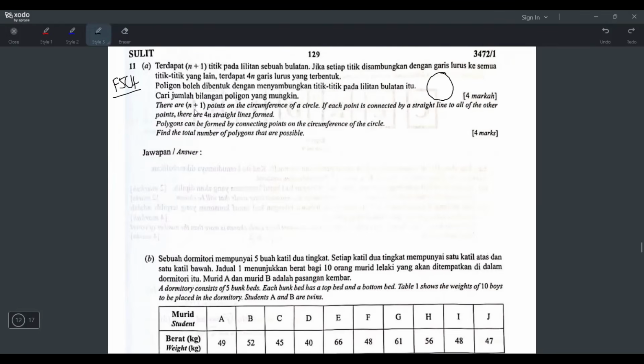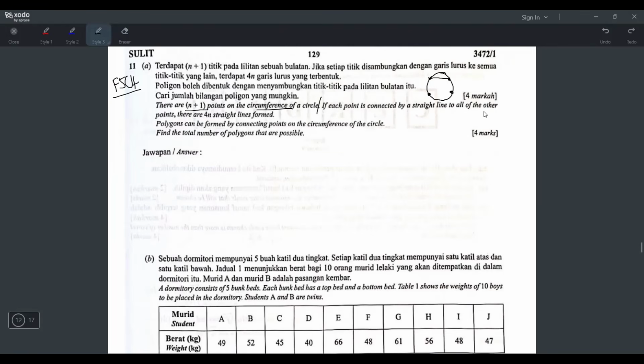Okay, there are n plus 1 points on the circumference of the circle. Okay, that means you have some amount of points here. I don't know how many, but let's just assume there's 4 points for now. If each point is connected by a straight line to all of the other points, there are 4n straight lines formed. Wait, I don't understand. Each point is connected by a straight line, so it's like that. Is it what they mean?